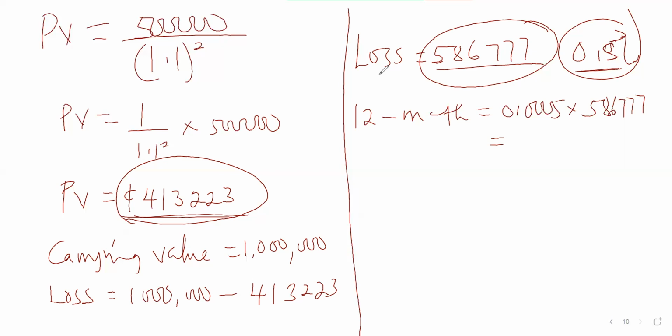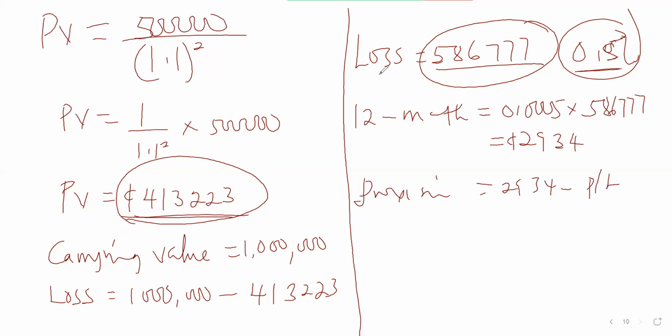Okay, 2,934, rounding to the nearest. So for this year, our provision for the loss is 2,934. So this will be charged to profit or loss.